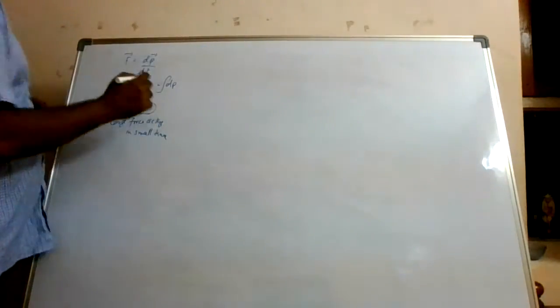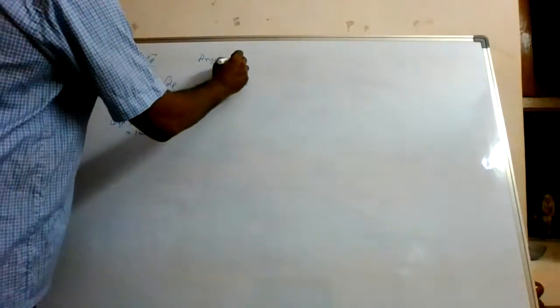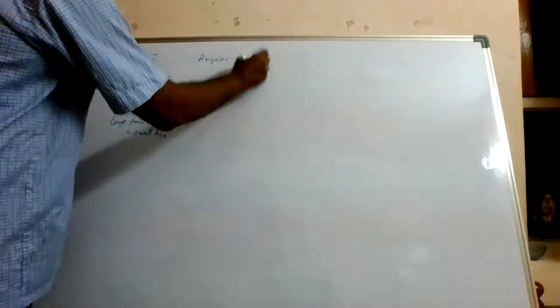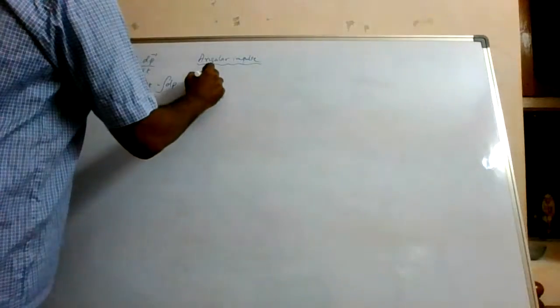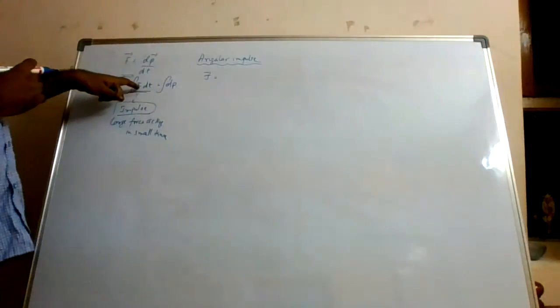Right? So is such a concept there in rotation? It is there in rotation also. It is called angular impulse. It is denoted by J. It's also a vector. Here you are doing F dt.